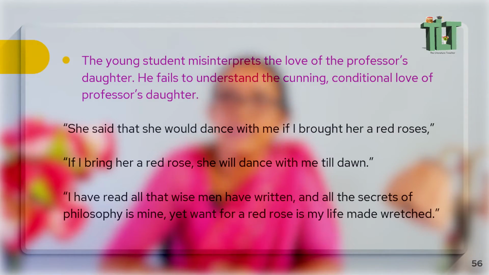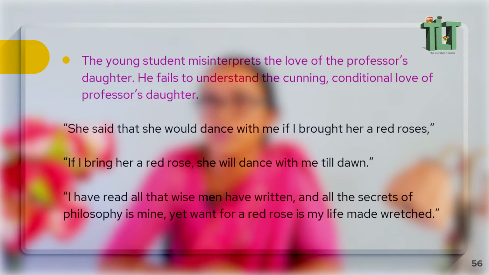And then in the second paragraph, the young student misinterprets the love of the professor's daughter. He fails to understand the cunning, conditional love of the professor's daughter. She said that she would dance with me if I brought her a red rose. So you see, he also misunderstood when the professor's daughter said, if you bring me a red rose, I will dance with you.